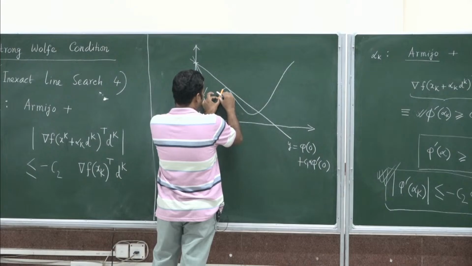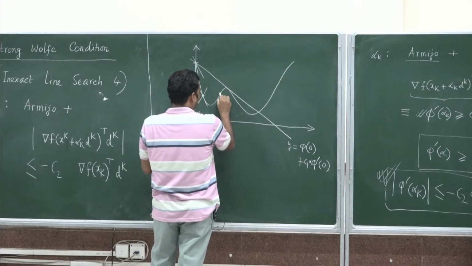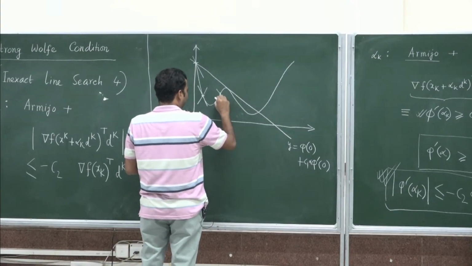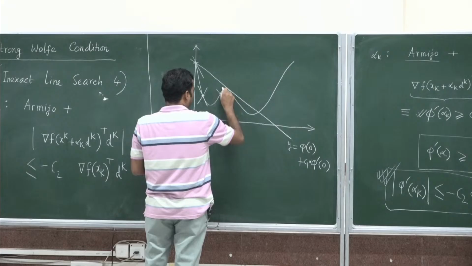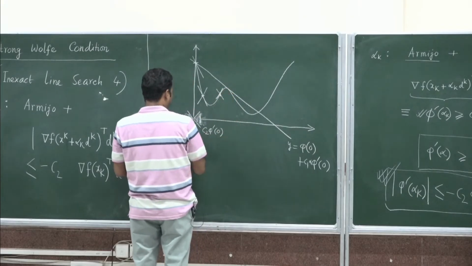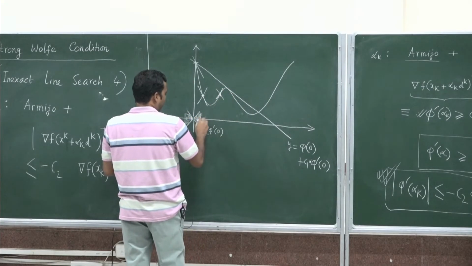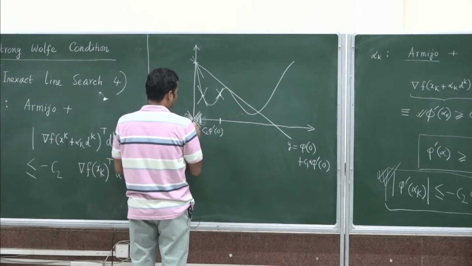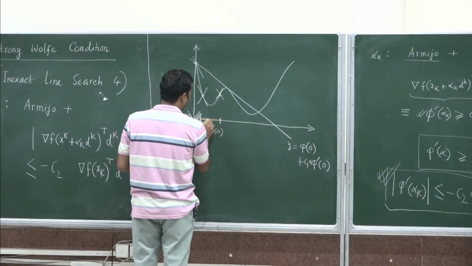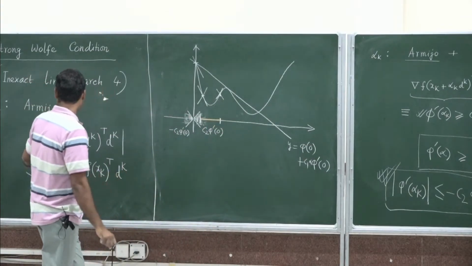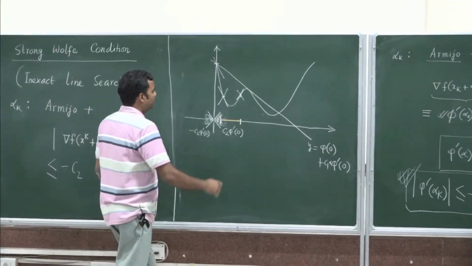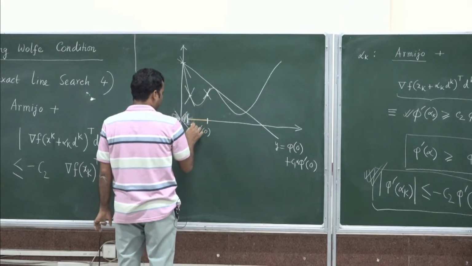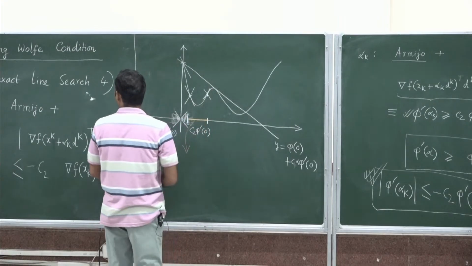Once we move away from here, we notice that after this the graph is again not lying in between these two shaded regions. So from here to this particular region is your acceptable region for this strong Wolfe condition, and the entire region below it as well. So this is your acceptable region for the strong Wolfe condition.